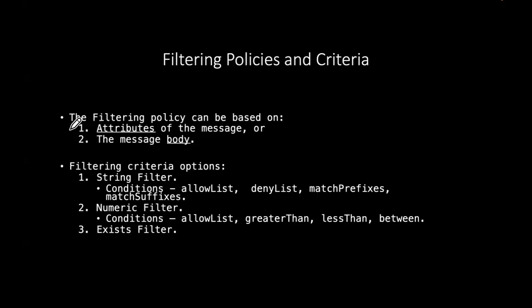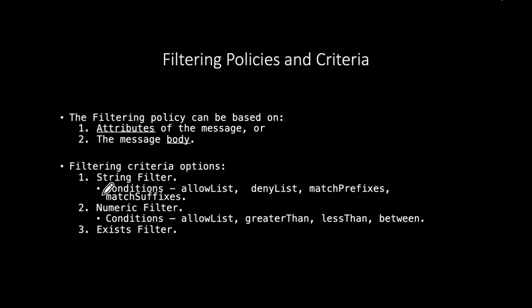So you can do the filtering either on the basis of the attributes or on the basis of properties of the body. And in either case, the criteria that you can use are these ones here. If the attribute or the message property is a string, then you've got these condition tests that you can do on it.